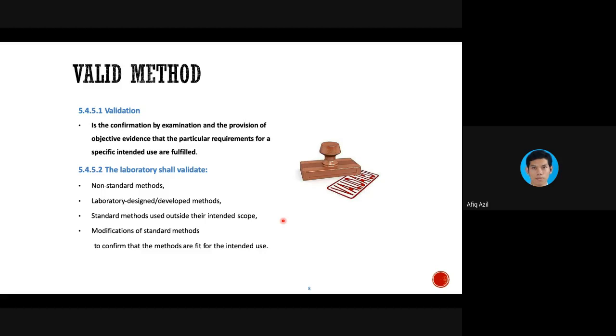But then you want to do that testing for amoxicillin, for example, another type of antibiotic. So that has to be validated as well, okay? And modification of standard methods. If you modify a standard method obtained from the references, this one also you have to validate. Normally this is what we call partial validation. You only validate the parts that you modify.